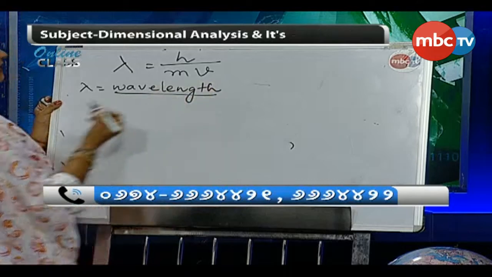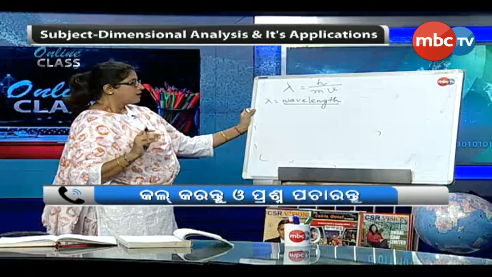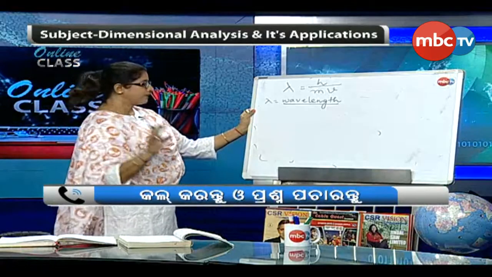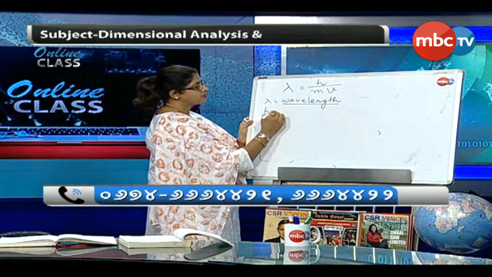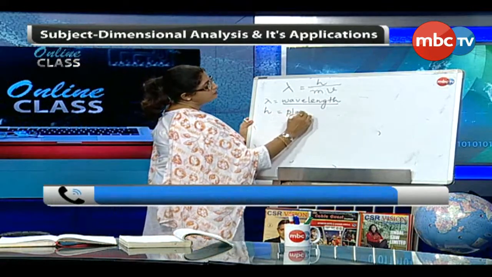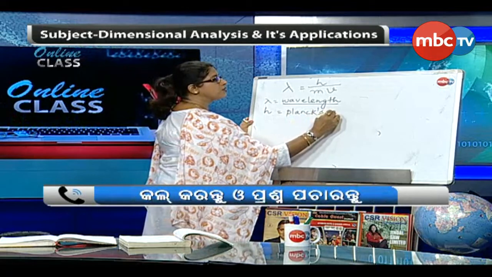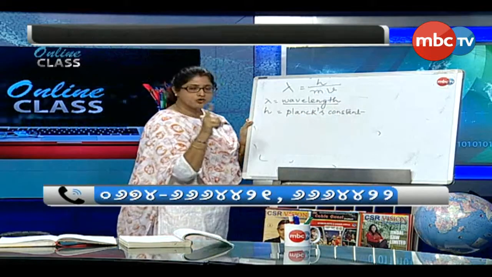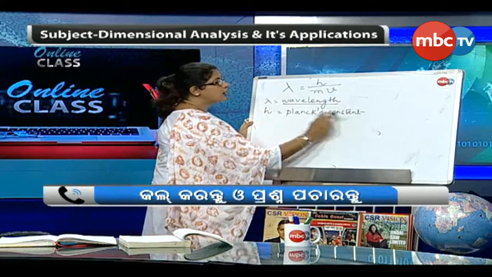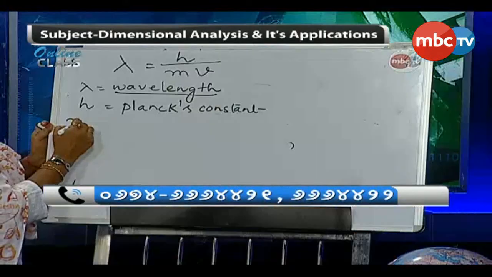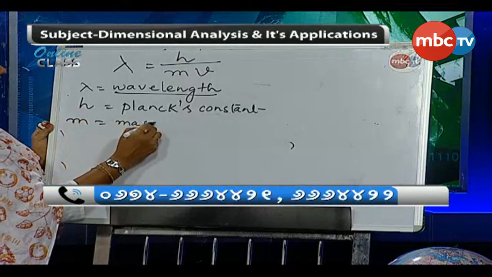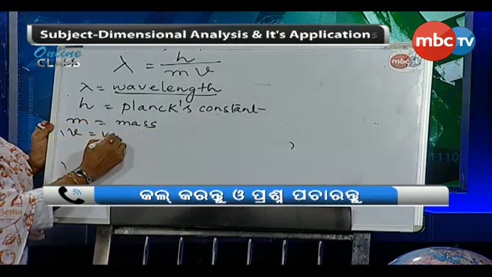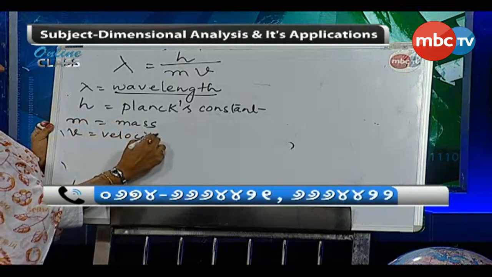It is just a length. Now you have to understand it is the length. H is Planck's constant. It is a constant like the gravitational constant we have studied; it is another constant which is called Planck's constant. M is mass, V is velocity.